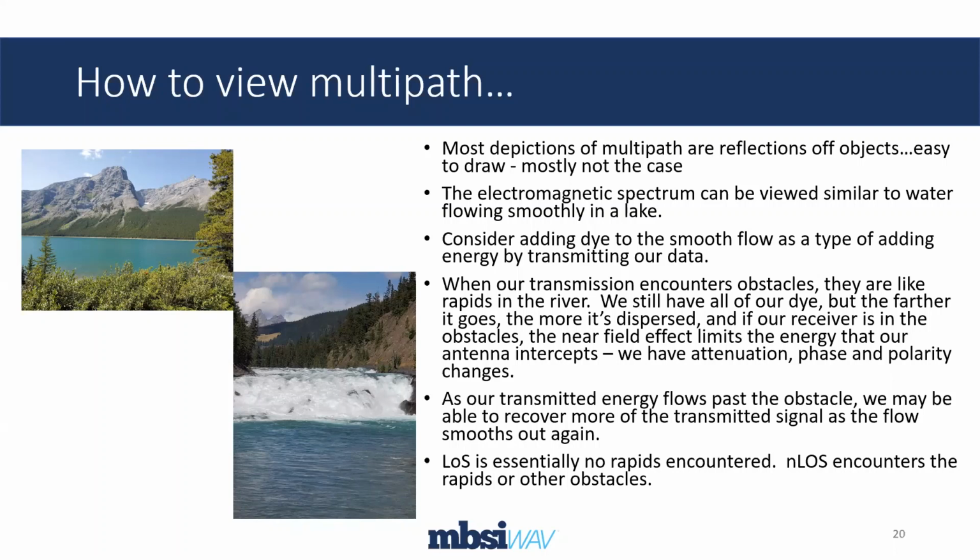As we move farther away from that obstacle, the flow will smooth and we will be able to actually recover more of the signal as we drift away from that obstacle.